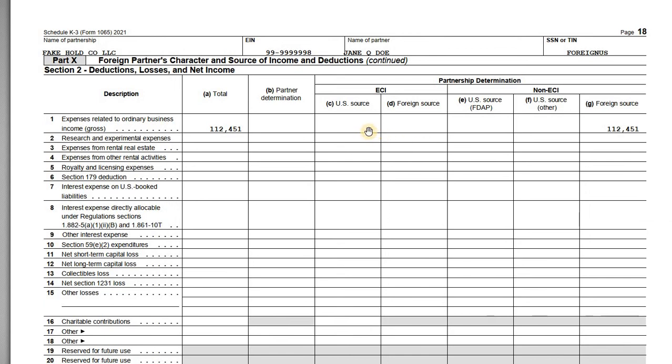So the partnership is not withholding any tax. The non-ECI portion, Jane should pay a little closer attention to, because if you have allocations of U.S. source FDAP income or U.S. source other income, because it is U.S. source, there might still be some withholding taxes, but it's not effectively connected income.